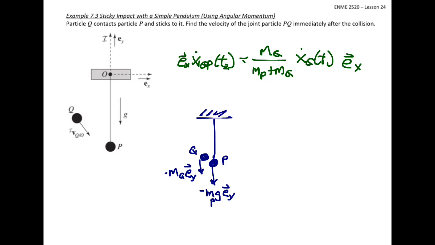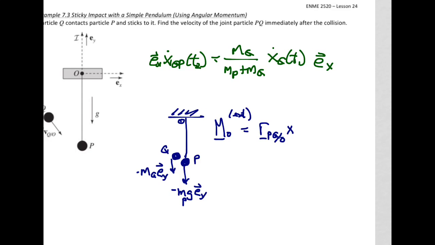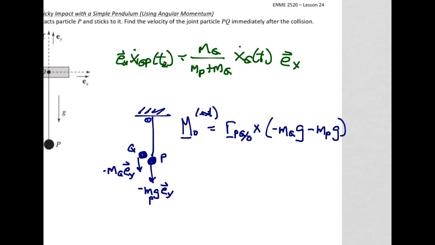And so if this is hanging from the pendulum, then the moment about O due to external forces is equal to r of PQ with respect to O crossed with these two forces. So this is negative mQ g minus mP g, in the EY direction.